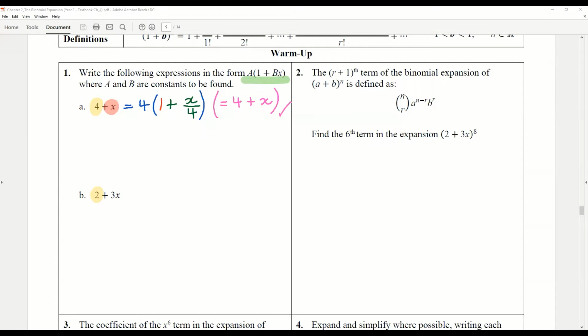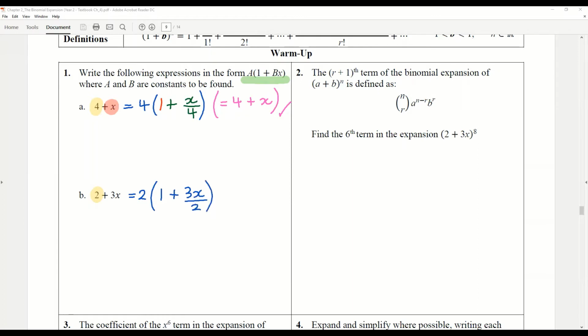Okay, let's try this for 1b. Now we've got the idea. We're forced to factor out a 2. So let's factor out the 2. That creates the 1 inside the bracket. And then I have to make the 3x half as big because I've factored out a 2. So I'm going to have 1 plus 3x over 2.